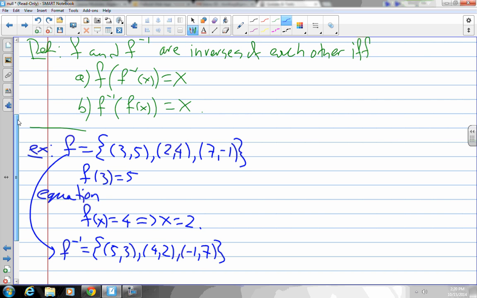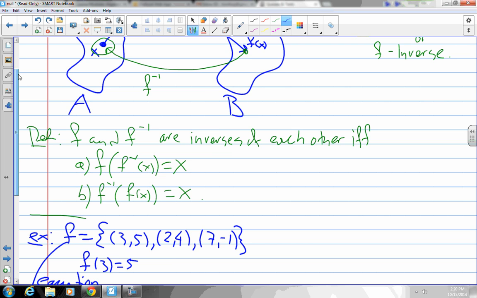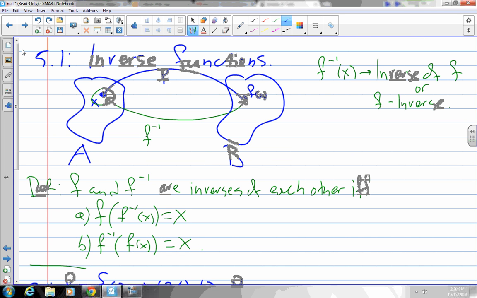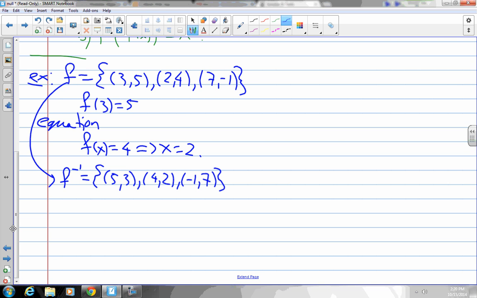That's the idea. If I go back to that picture I drew, for function f, the domain was a and the range was b because it was going from a to b, while the other one was going from b back to a. So the range became the domain and the domain became the range. That's an important concept there. Range and domain switch.